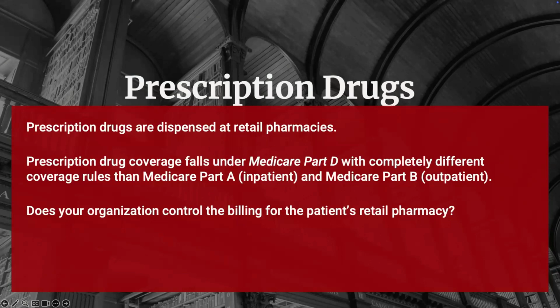There are some on-label uses of drugs that Medicare Part D doesn't cover, a small number. There are some off-label uses that Medicare Part D covers without going through any of the mental gymnastics you have to do for a hospital-based administration of an off-label use of a drug. But at the end of the day, does your organization control the billing for the patient's retail pharmacy? The likely answer there is no, especially if the patient is given a choice.